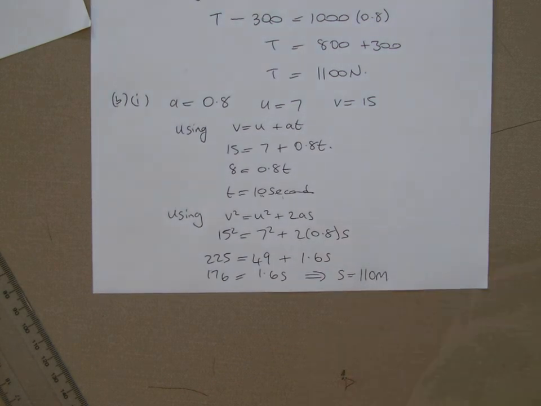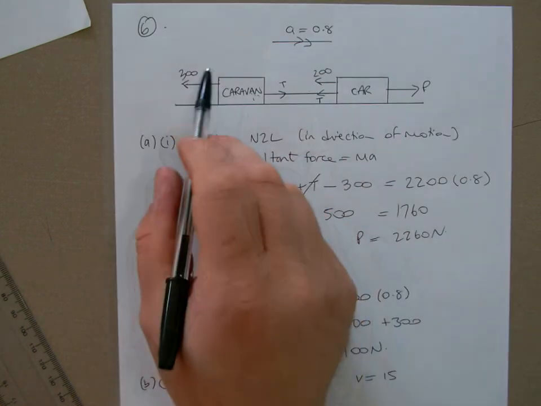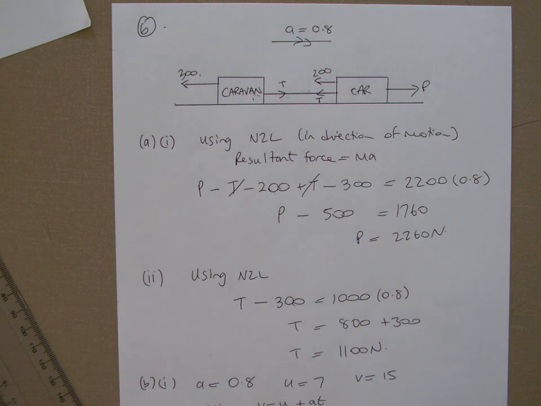Part C then, it says explain why the assumption that the resistance forces are constant is unrealistic. Well, when we think about the resistance forces, 300, 200, being constant is unrealistic because as the car and caravan get faster, they're likely to encounter greater resistances.